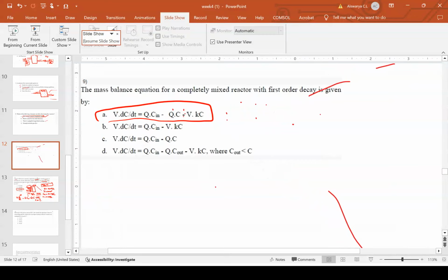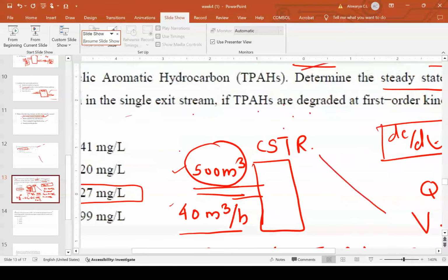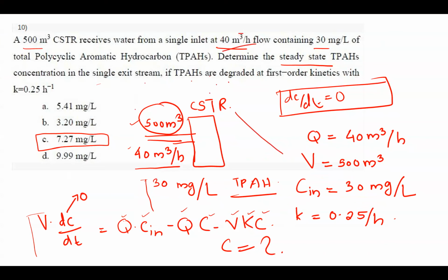We directly put in these values and calculate C, the steady state TPH concentration of the polycyclic aromatic carbon present in the exit stream.